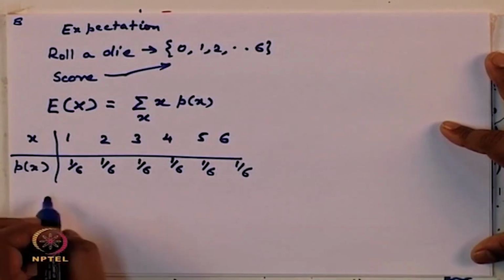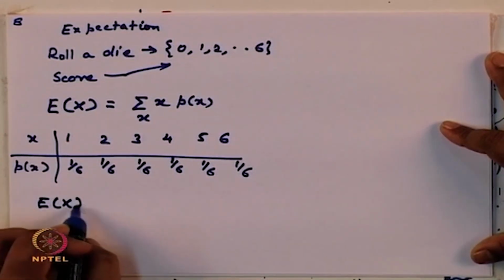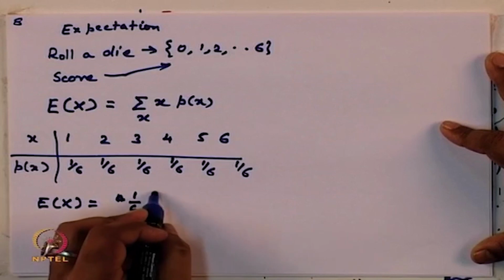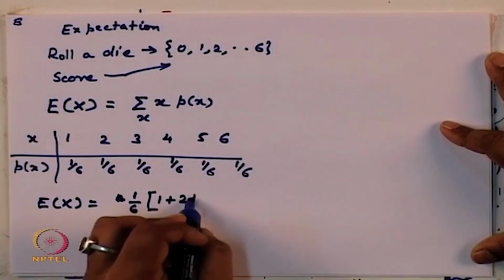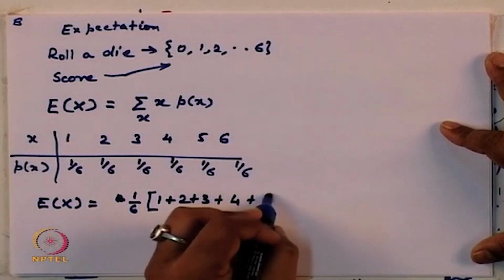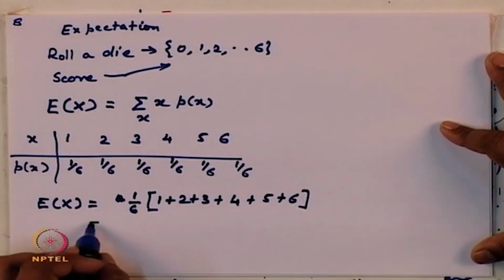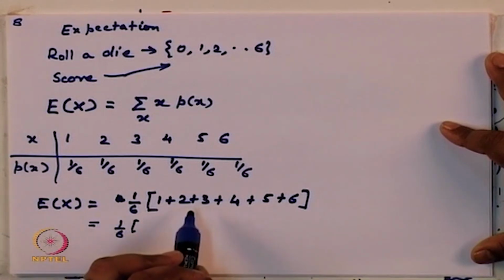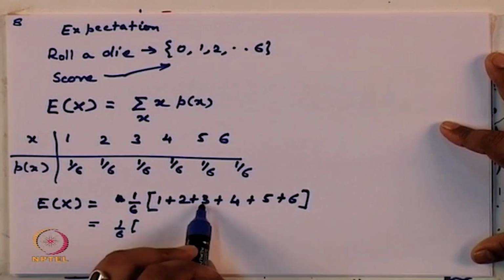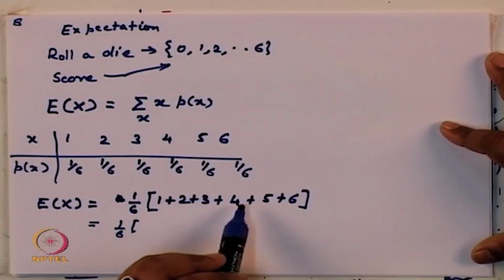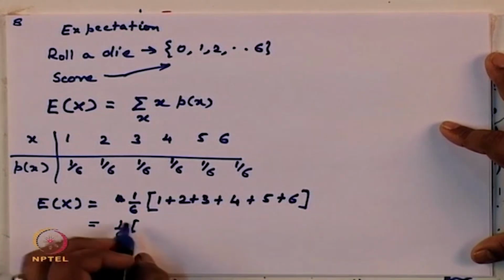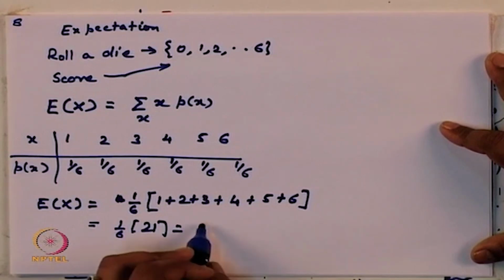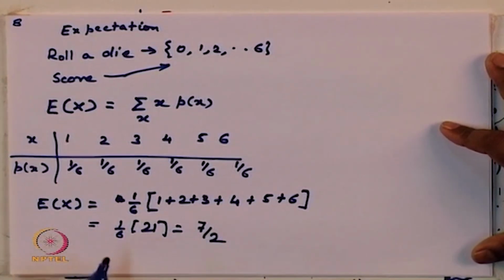So, the expectation for this case will be, I will take out 1 by 6 in common, 1 plus 2 plus 3 plus 4 plus 5 plus 6. So, what value do I get? 3, 6, 10, 15, 21. 21 by 6, I can simplify it, it comes to 7 by 2.